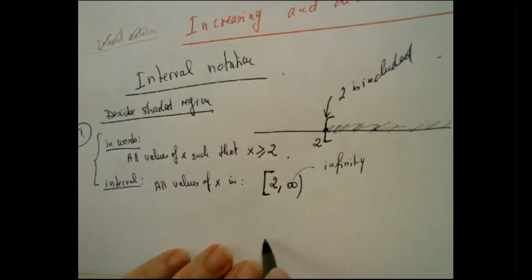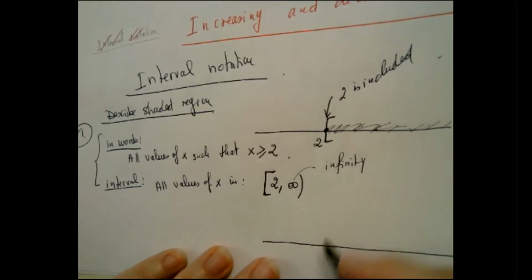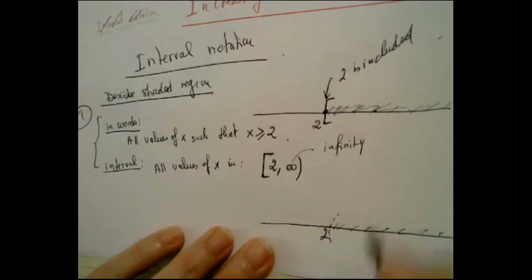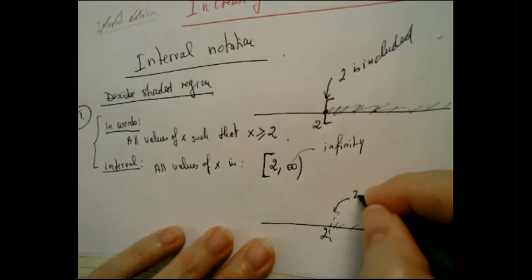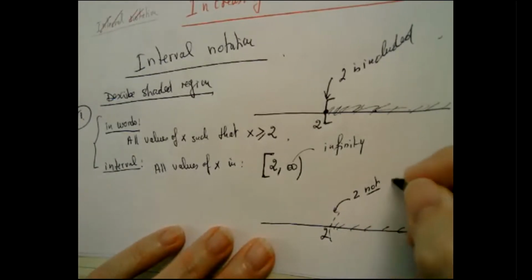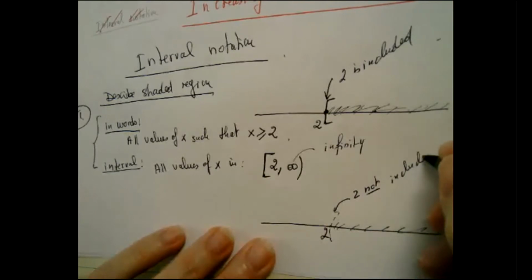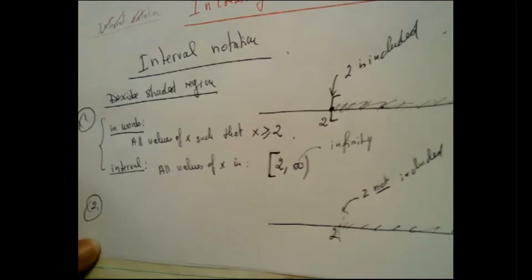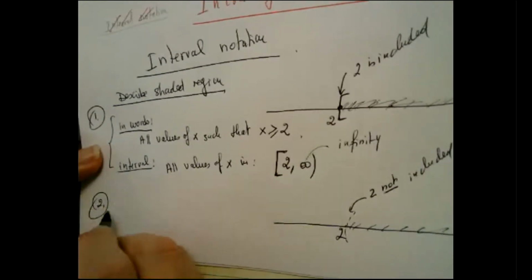Now let us say I want the same thing, but I don't want 2 in it. So I want everything here, and this is my 2, and 2 is not included. That's scenario number 2. Again, the same thing in words and interval notation.